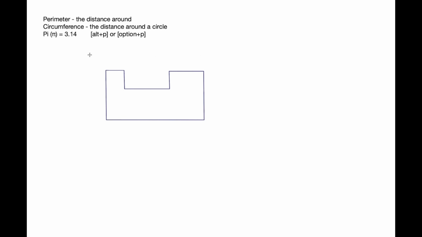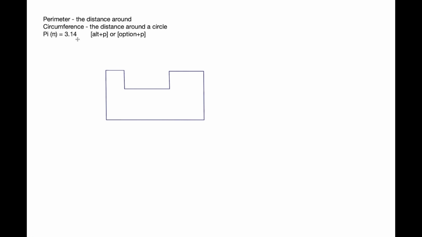Now, in order to calculate the circumference of a circle, we have to use a special value, and we call it pi. We use this symbol here, which is the Greek letter pi, for this numerical value, 3.14.